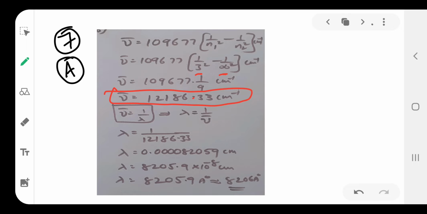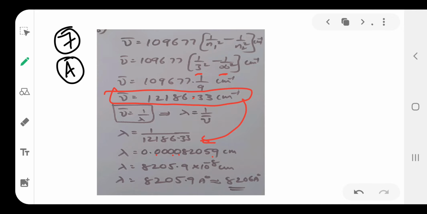Substituting the mu bar value, 1 by 12186.33, its total value is 0.000820059 centimeters. So lambda is 8205.9 into 10 power minus 8 centimeter.